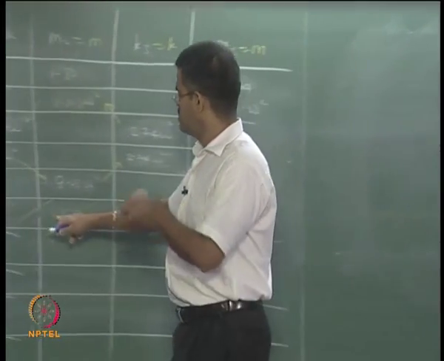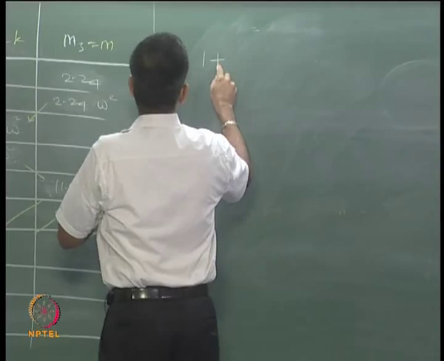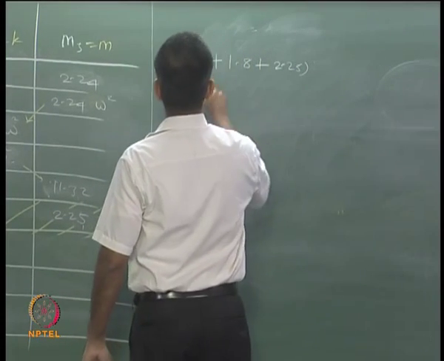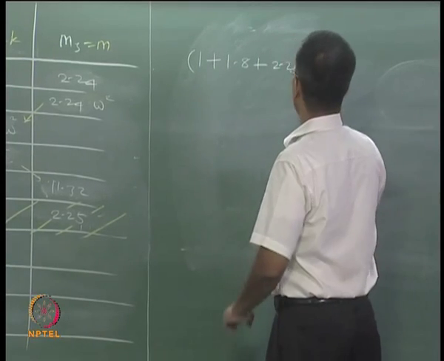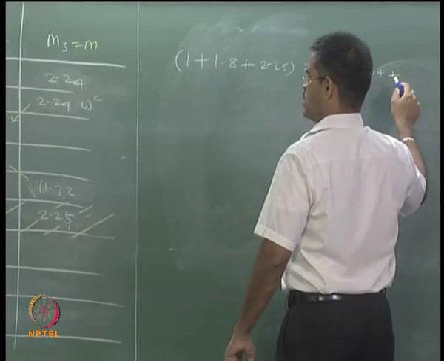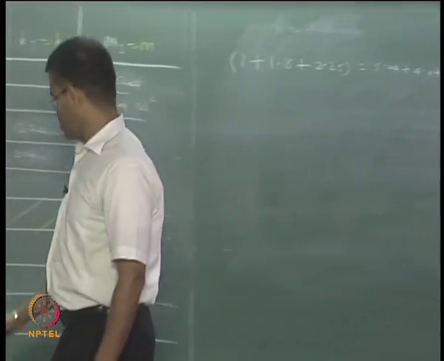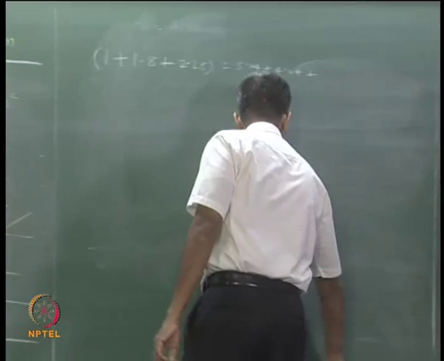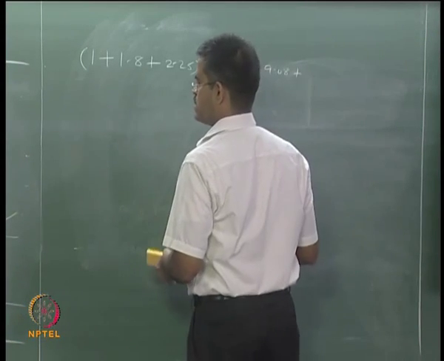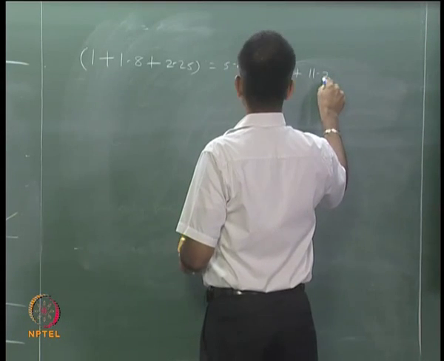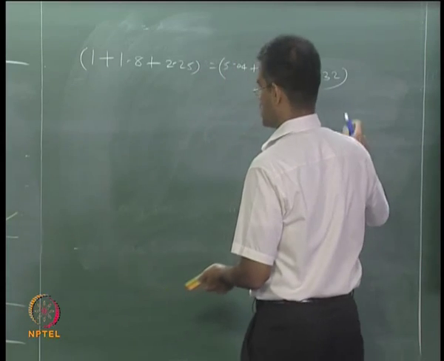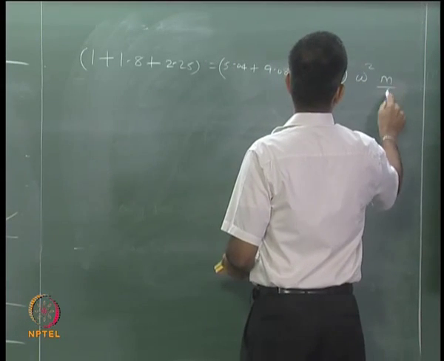So I pick up this, I write 1 plus 1.8 plus 2.25 is the proportional value, which is supposed to be equal to 5.04 plus 4.04 plus 9.08 plus 11.32 of omega square m by k.